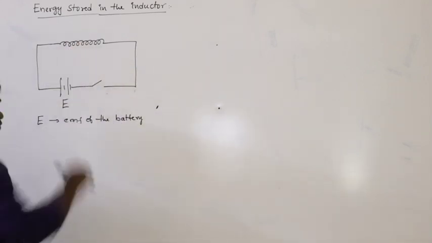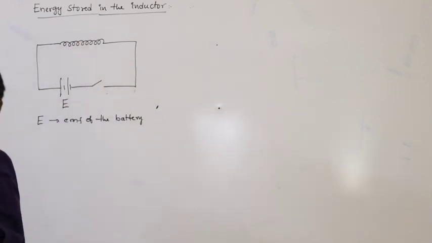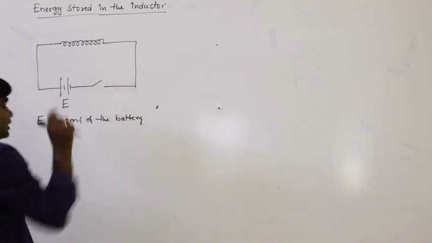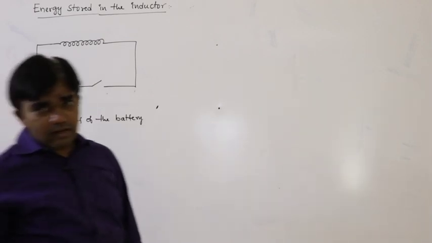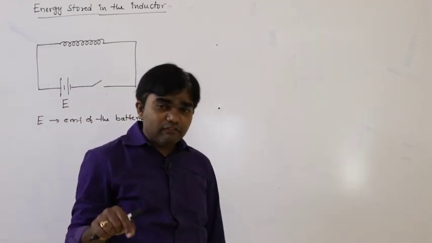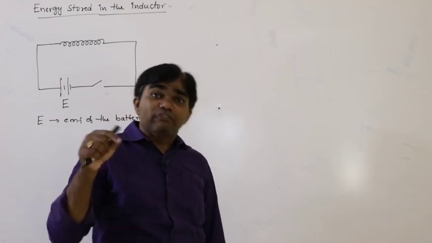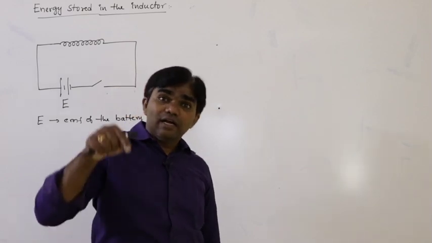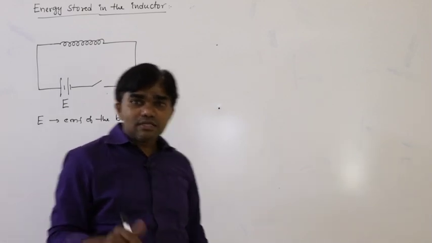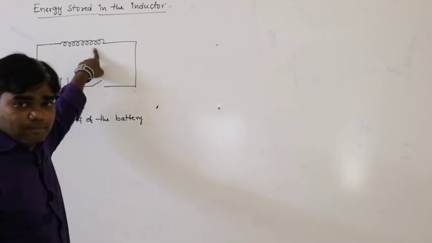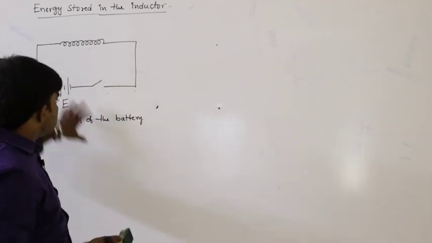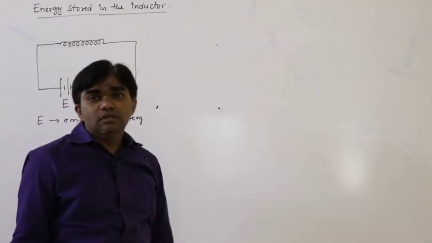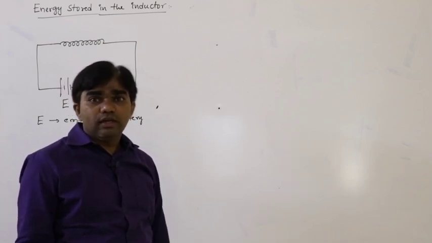The current starts flowing through the inductor. Due to the current, a certain amount of magnetic field is developed, as we already discussed. Due to that magnetic field, flux is generated. Due to the variation of the flux, an EMF is induced and the current is also induced. But that induced EMF opposes the flow of current through the inductor.